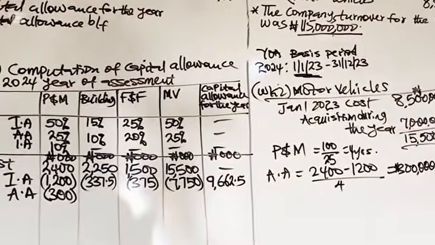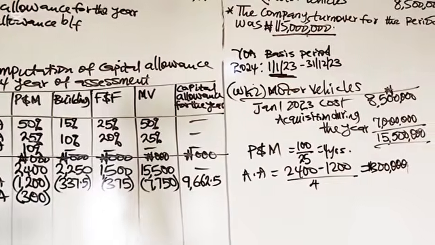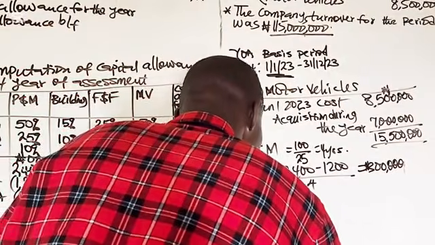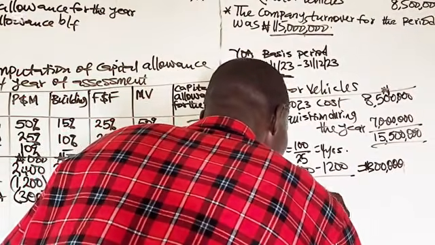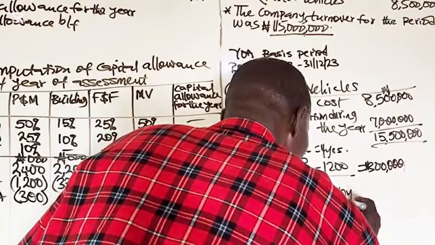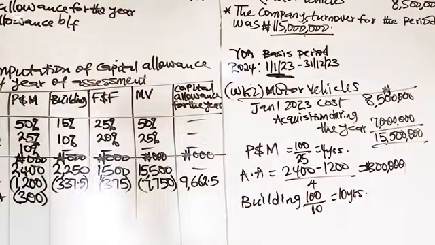Then for building, the annual allowance rate is 10%. So we want to compute the annual allowance on building. We have 100 divided by the annual allowance rate, which is 10%. That will give us 10 years. That means building is expected to last for 10 years.